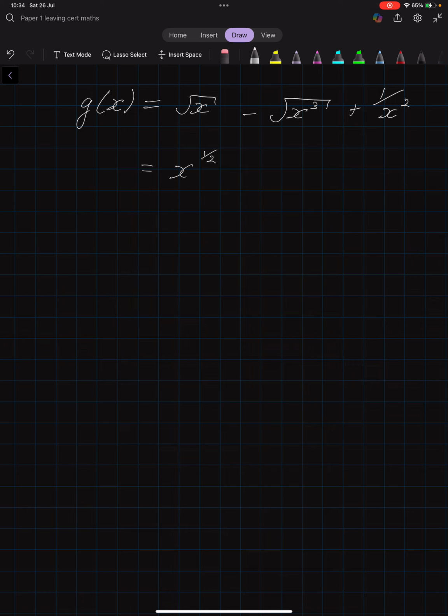So it's just x to the power of a half. This now is x to the power of 3 over 2. Remember, the square root is to the power of a half. So the square root of x cubed is just equal to x cubed all to the power of a half. When the powers are like this, you multiply them, and that's how I got 3 over 2.